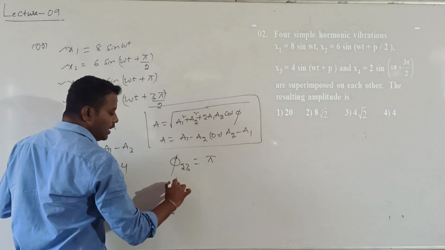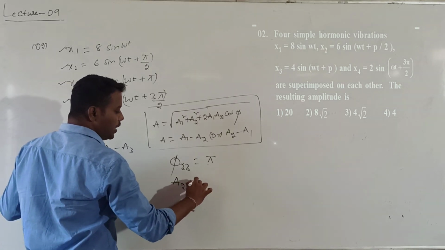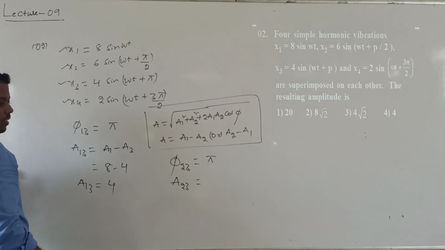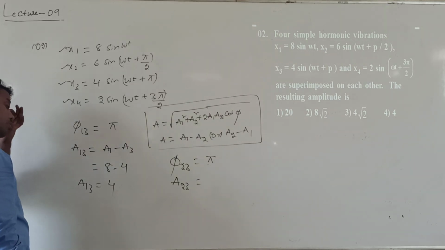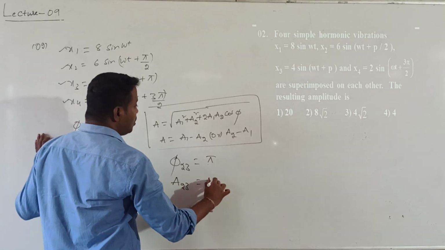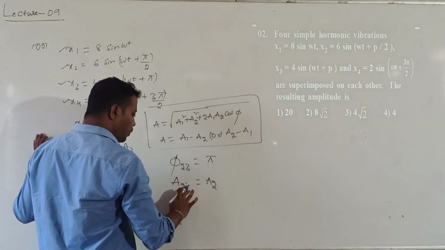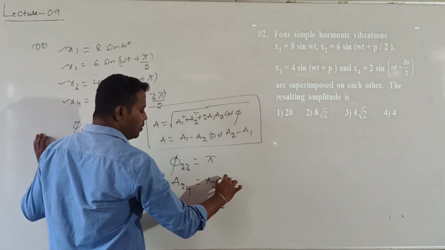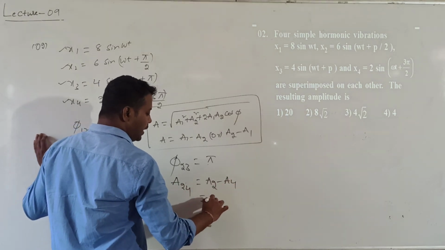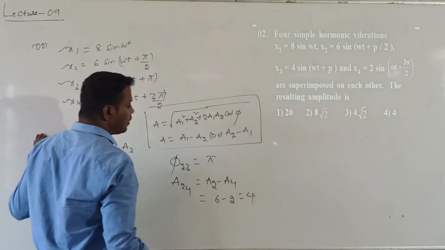What is the resultant of these both given by? A24 is equal to A2 minus A4, A2 value 6 minus 2, which is 4.